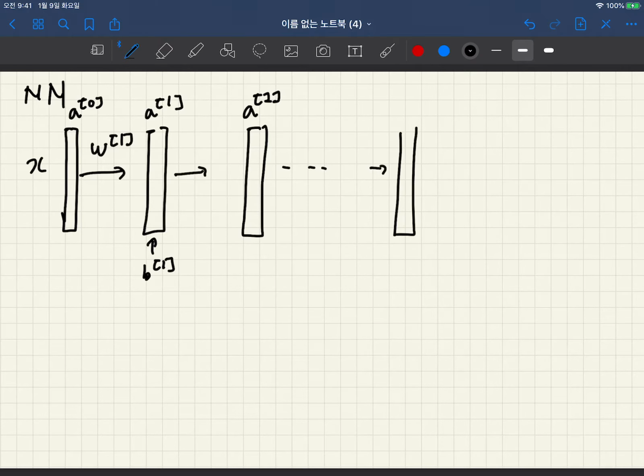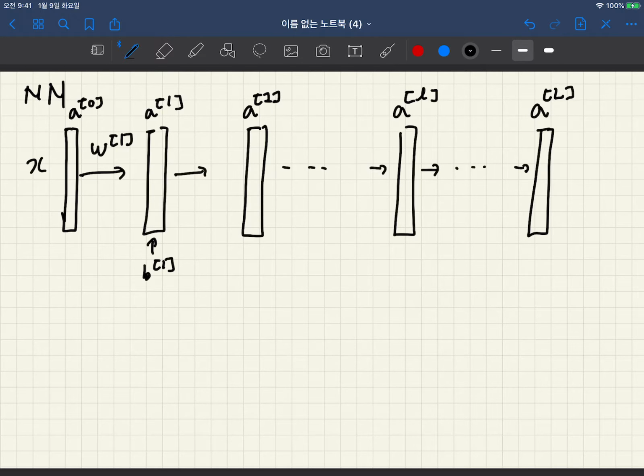So the nth layer activation values, neuron values, will be denoted by AL, up to a capital L. Here the capital L denotes the number of layers.